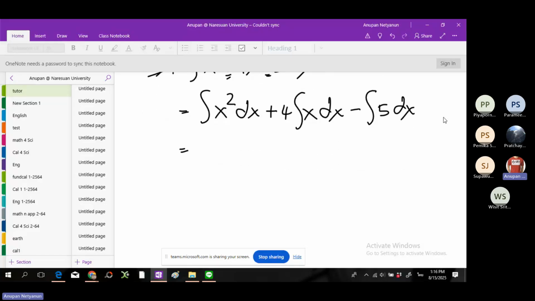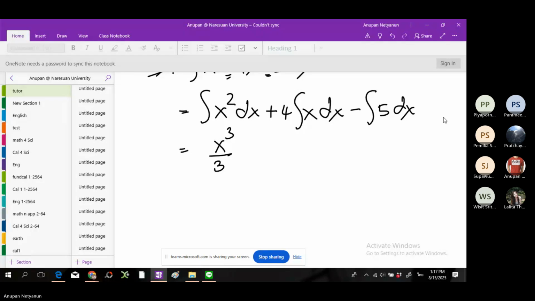For the first one, my guess solution must be x cubed, the degree greater than this by 1. But when I take the derivative of x cubed, 3 comes up front and I have x squared, so 3 is the extra number. I have to adjust my guess solution by dividing by 3, so after I take the derivative, 3 can cancel 3.